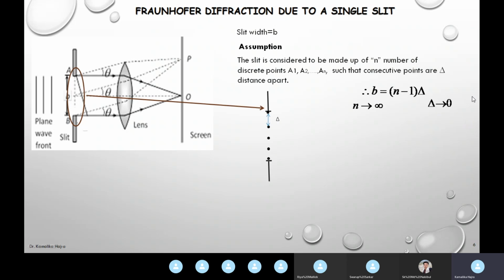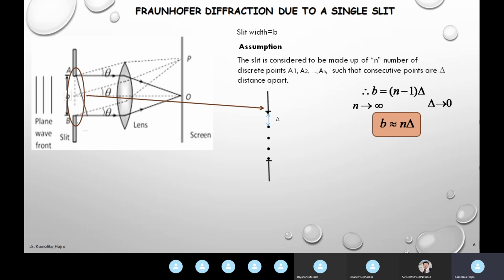So n tends to infinity, and therefore delta tends to 0. Actually, these points are not separated by a delta distance. We have imagined this. So this assumption is subject to the condition that n tends to infinity and delta tends to 0, so that we can write b is equal to n delta for all practical purposes.